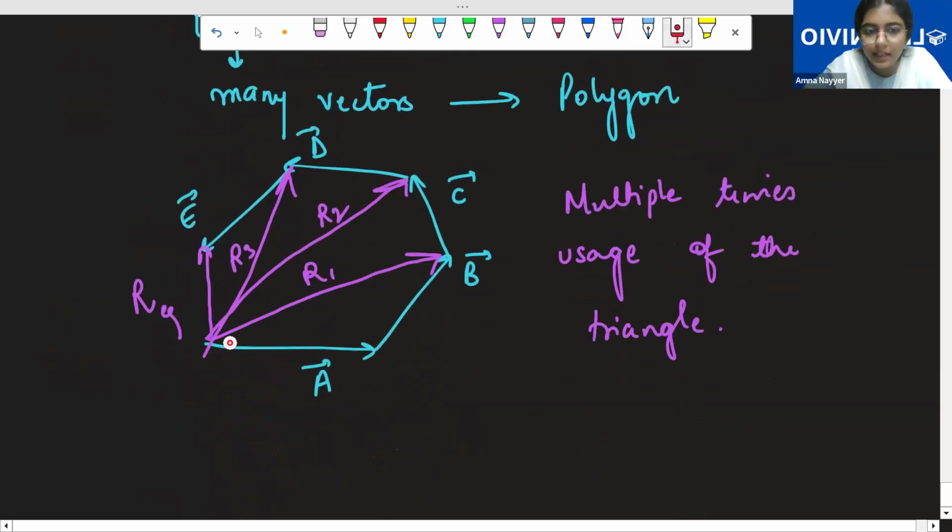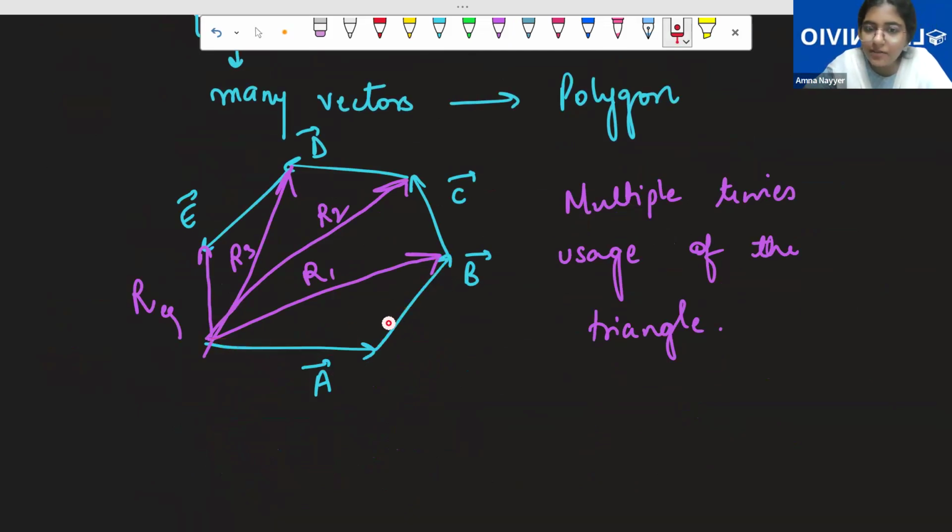See, I'm repeating. This is one vector A, this is another vector B. You imagine as if this is a triangle. Triangle law we are applying. Forget the rest. So this will make your first resultant. So these both are gone. You have this. Again, you take theta here. Similarly, you solve it. You get your first resultant here and you don't need A and B now.